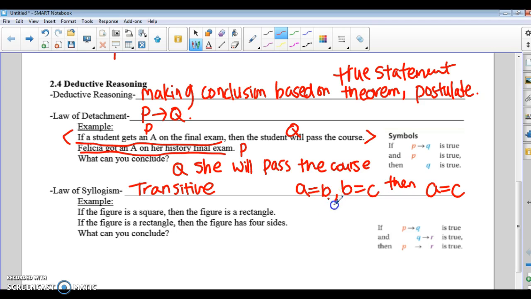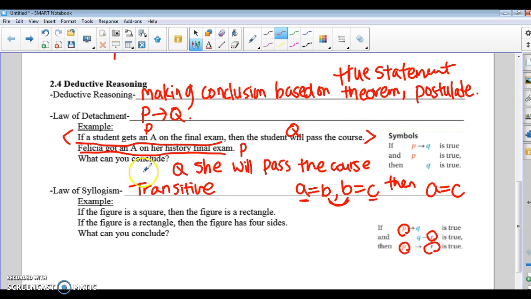Remember I said B is kind of transitioning between A and C. That's the transitive property. That looks very similar to the law of syllogism. So if P then Q is true and Q then R is true, then from that we can make a conclusion that P then R is true.